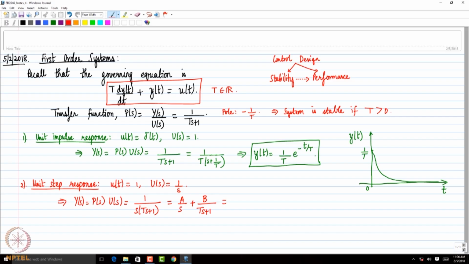From here onwards we will just directly start writing the residues, right? So A is going to be just 1. You multiply both sides by s and substitute s equals 0, so we have 1.